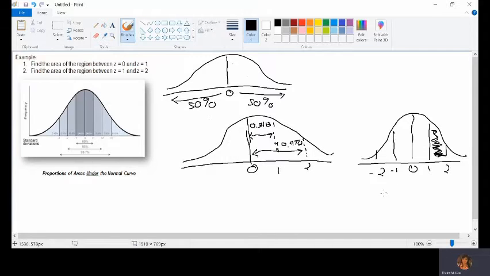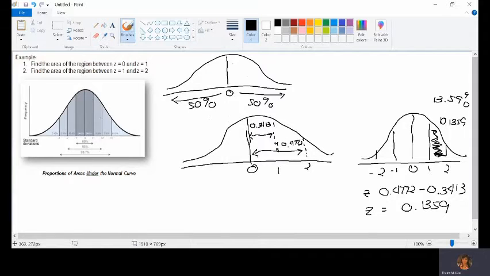We subtract 0.4772, which is the value of the area between z is equal to 0 and z is equal to 2, minus 0.3413. That will give us an answer of 0.1359, which is also equal to 13.59%.